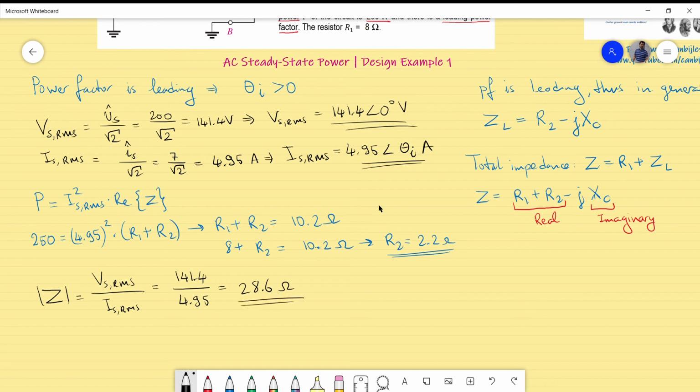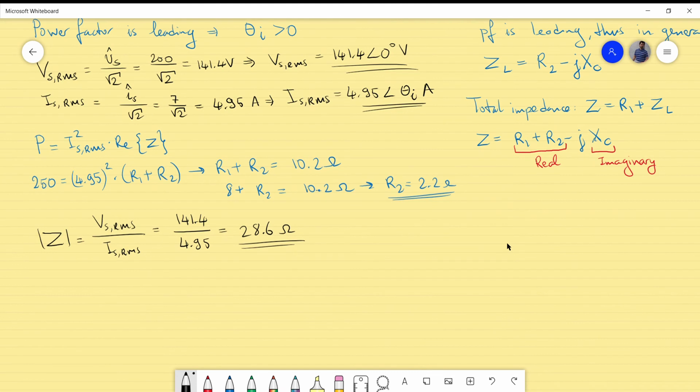Now, if I set up an equation for the magnitude of the impedance using this formula and equate it to this value, I can now calculate XC. So let's do that. The absolute value of Z is the square root of the sum of the resistors R1 and R2, squared, plus XC squared, and that is of course equal to 28.6.